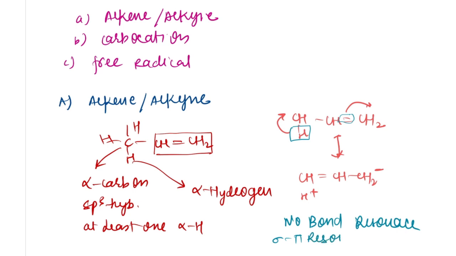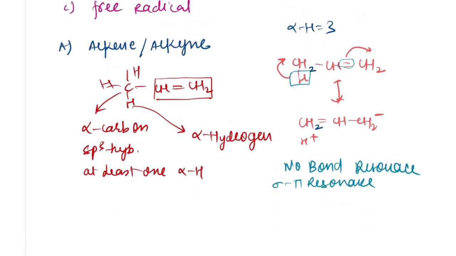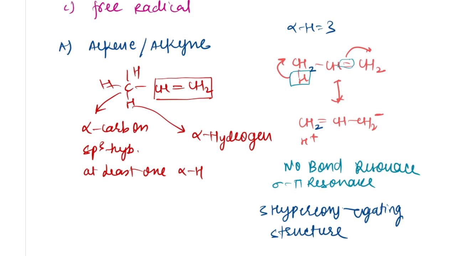Now there is one thing to notice: we have this CH3. How many alpha H do we have? Alpha H is 3, so it will have 3 hyperconjugating structures. The more the number of hyperconjugating structures, the more the stability.